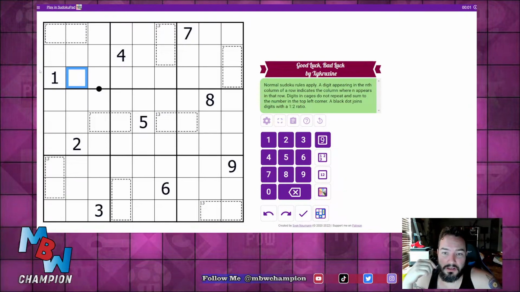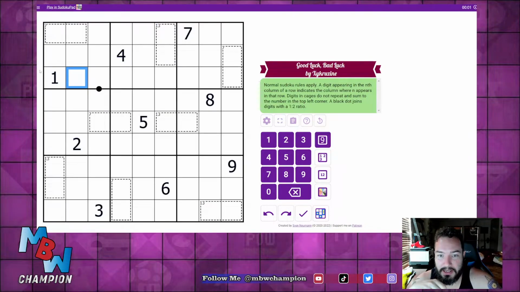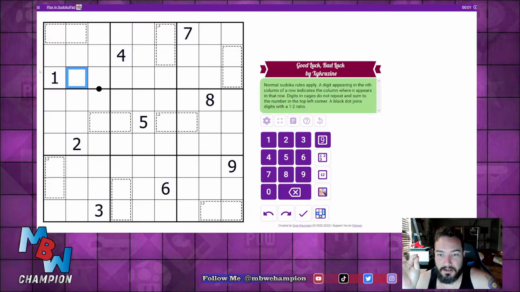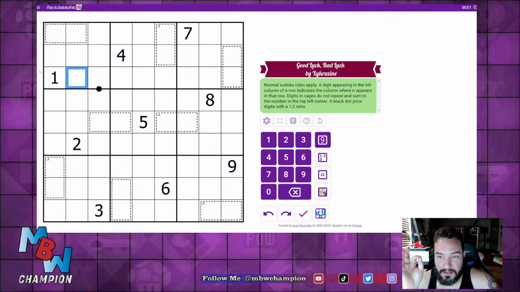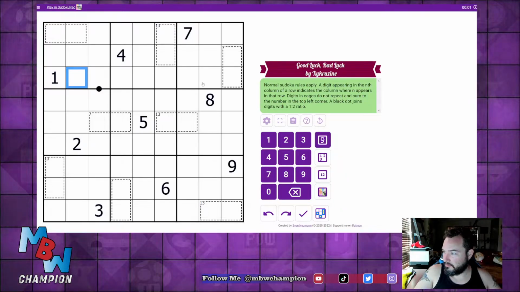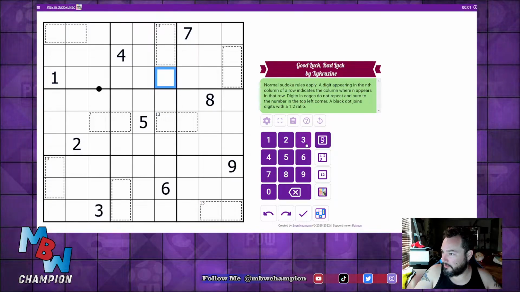A digit appearing in the nth column of the row indicates the column where n appears in that row. Let me read that again. A digit appearing in the nth column. Let's just say that this is a 3.